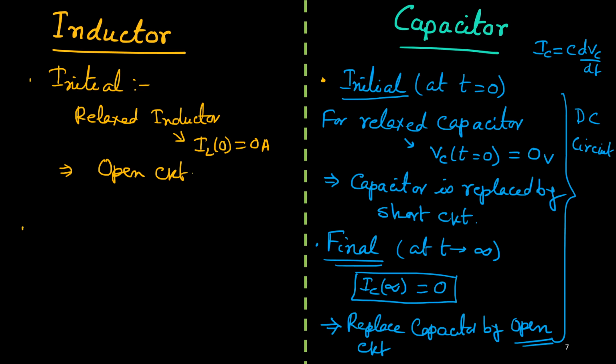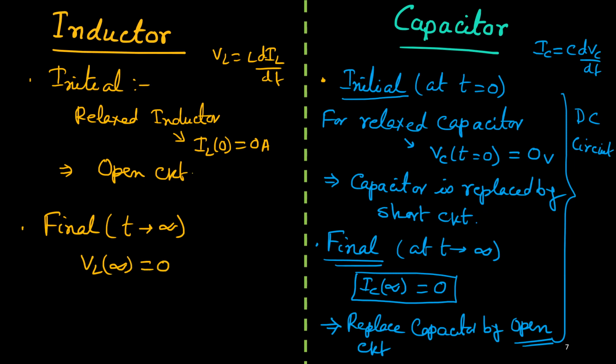And the final stage means t tends to infinity. You see the relation VL equals L dIL/dt. If IL is constant, then the derivative of IL is 0, so VL will become 0. VL at infinity becomes 0 because we are considering a DC circuit, in which all currents and voltages become constant.